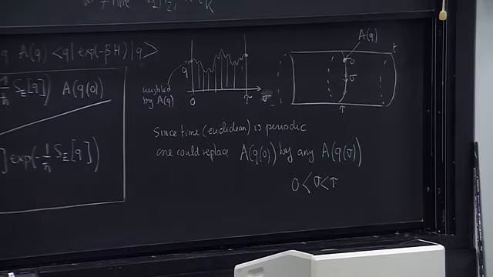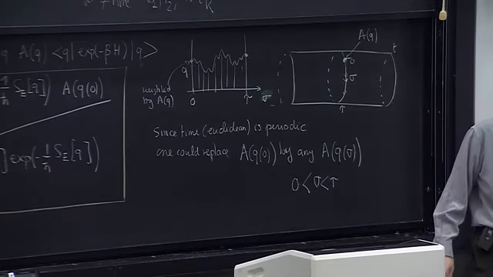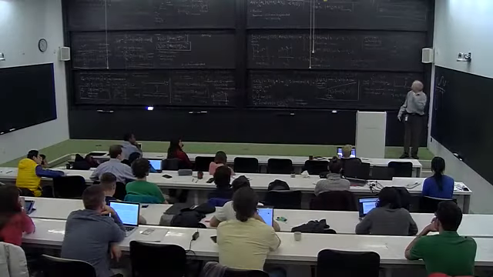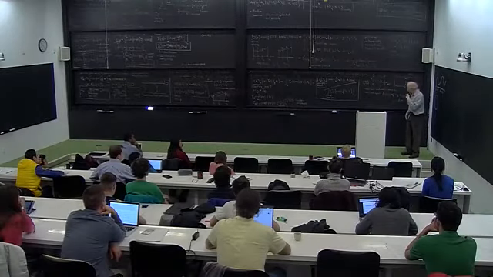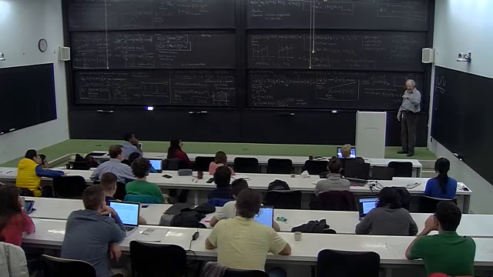But even in a Gibbs state, you also want to evaluate products, and then you can't use translation invariance. You are right.